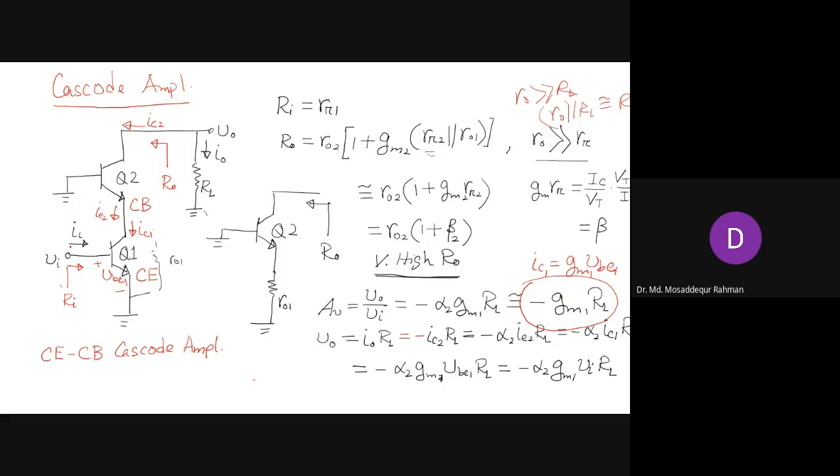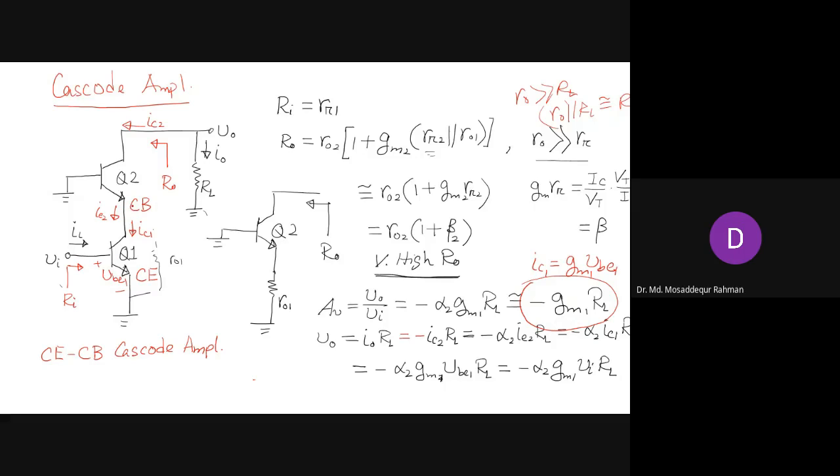Input is our common emitter, so that's our main amplifier, and the gain is same as the gain of the common emitter amplifier, but with one simple modification. We added this common base at the output of the common emitter, and we get a gain that is independent. The common base here is working like a current buffer, as we mentioned before.